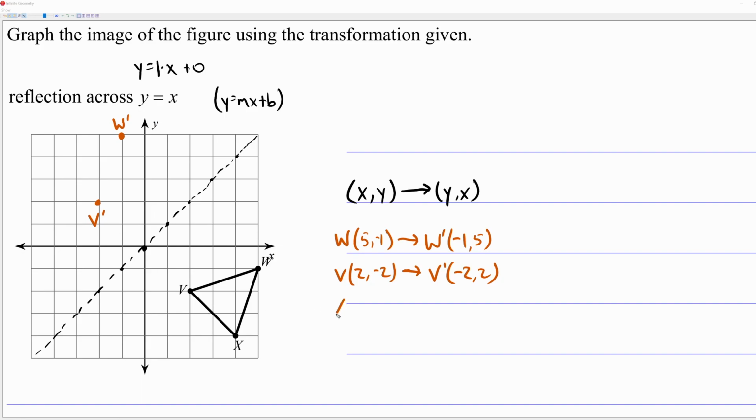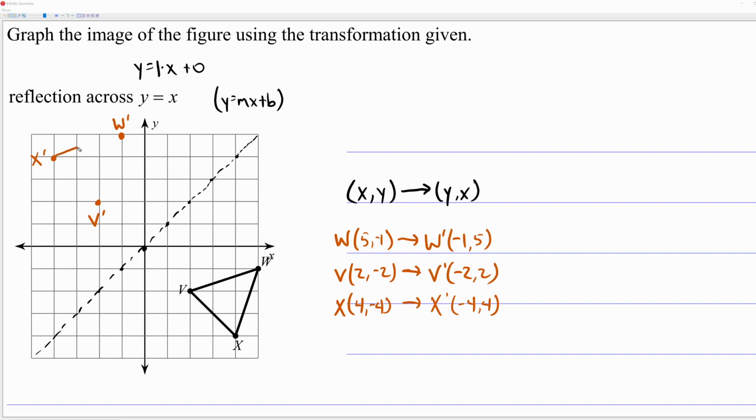Now point X is at 1, 2, 3, 4, is at 4, negative 4. So you interchange these. X prime will be at negative 4, positive 4. Here we have X prime.